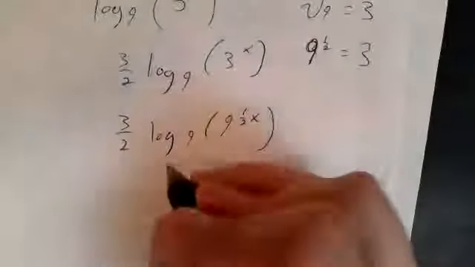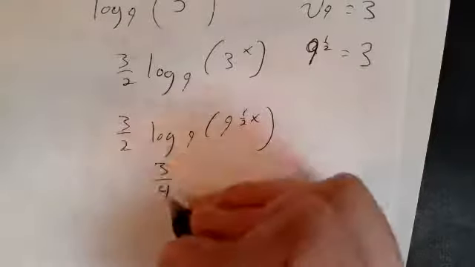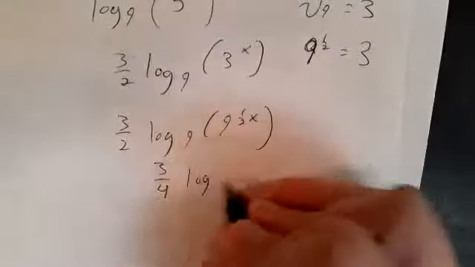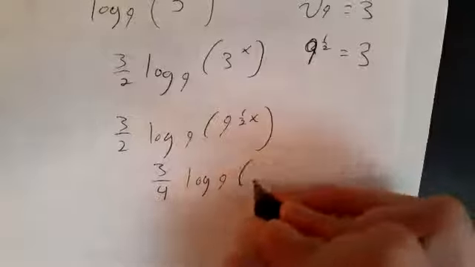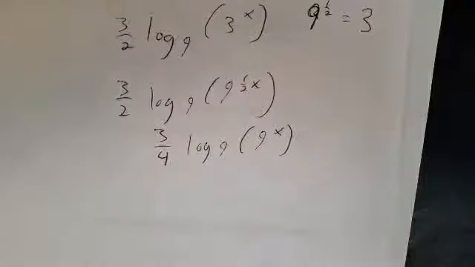And we can bring another 1/2 down. And so 1/2 times 3/2 will give me 3/4. This is definitely not something I would expect you just to be able to do from those log properties. But it is something they threw at you in the book. So buyer beware, I guess, on that one.